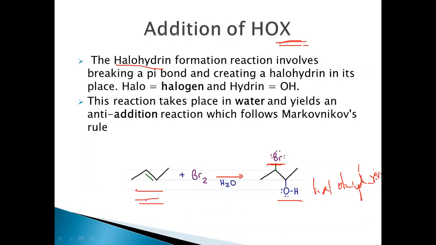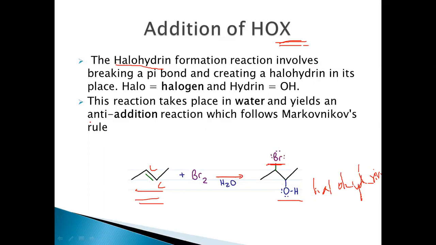And here, if you observe, the pi bond has been broken, and the OH and Br are being added to these two carbons, resulting in the formation of two new sigma bonds. When we observe, these OH and Br have been added in the anti-position, that is, on opposite faces of the molecule.